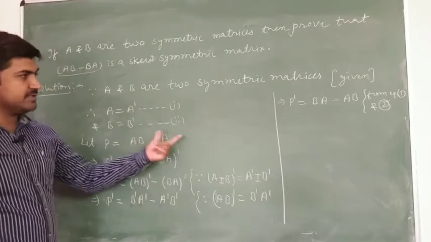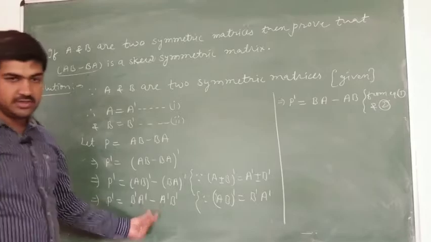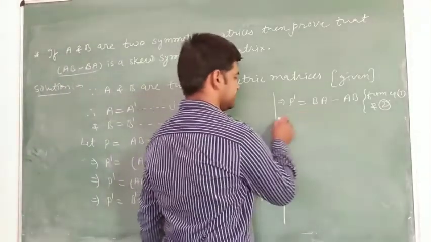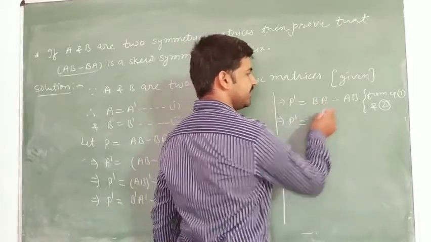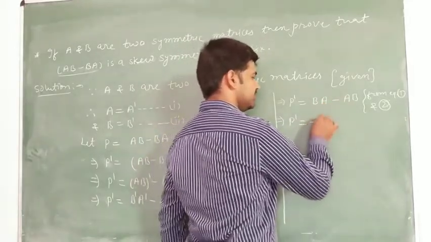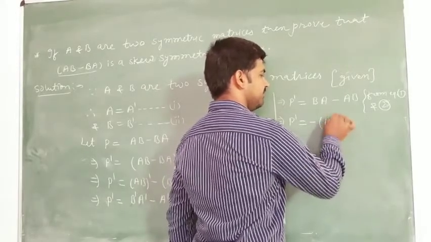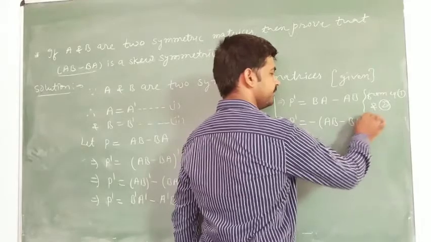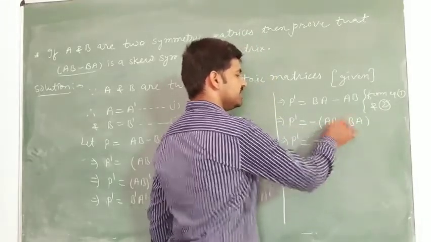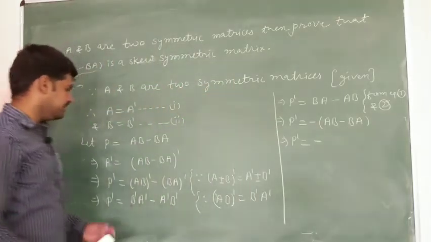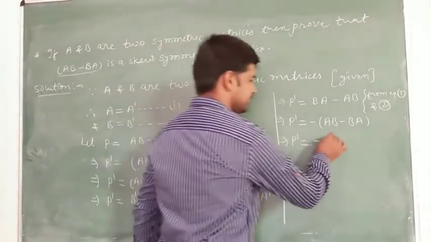So from equation number first and second, we have put the values of transpose of A and transpose of B in this equation, and we have got this. Now this implies that transpose of P is equal to, taking minus common out of these two terms, minus of AB minus BA. AB minus BA is actually P, students. So this can be written as P.